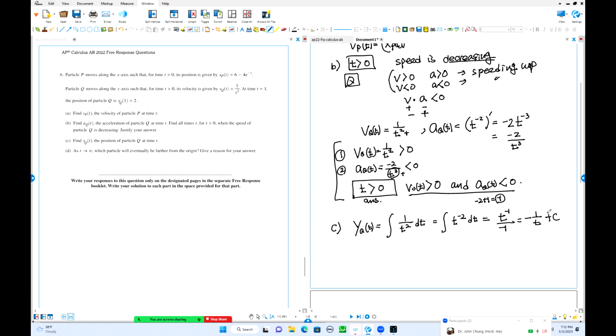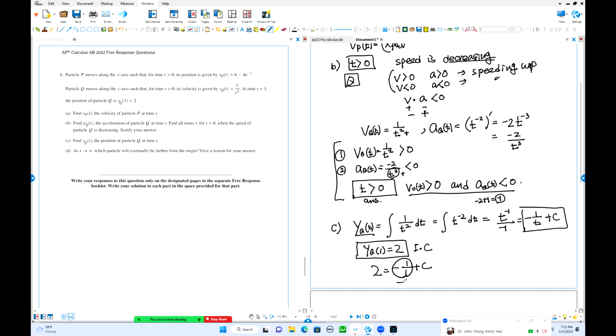But we're going to determine the value of c using the initial condition. Where is it? y_Q: when t is 1, y is 2, right? That is the initial condition. Put t equal to 1 there. So 2 equals negative 1 over 1 plus c.